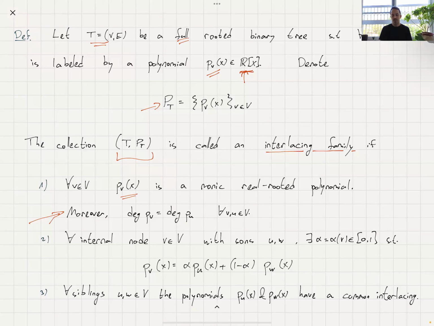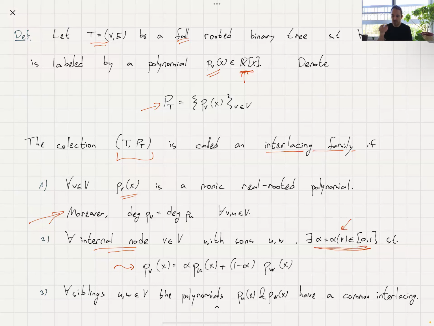So that's one thing. The second thing is the following. If you look at an internal node, namely a node which is not a leaf, so it has two sons, U and W, again a left son and a right son, then you want there to be some relation between the polynomial of V and the polynomials of its two sons. So you want there to be some alpha in [0,1].